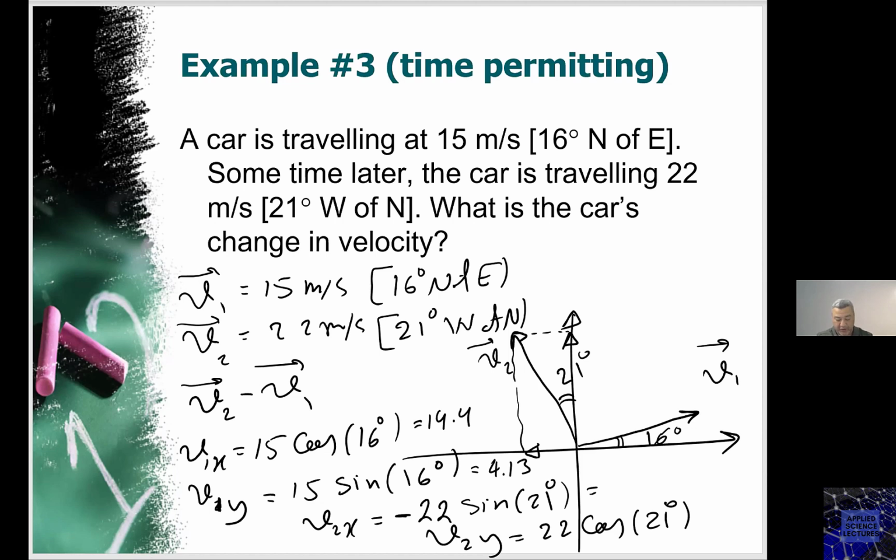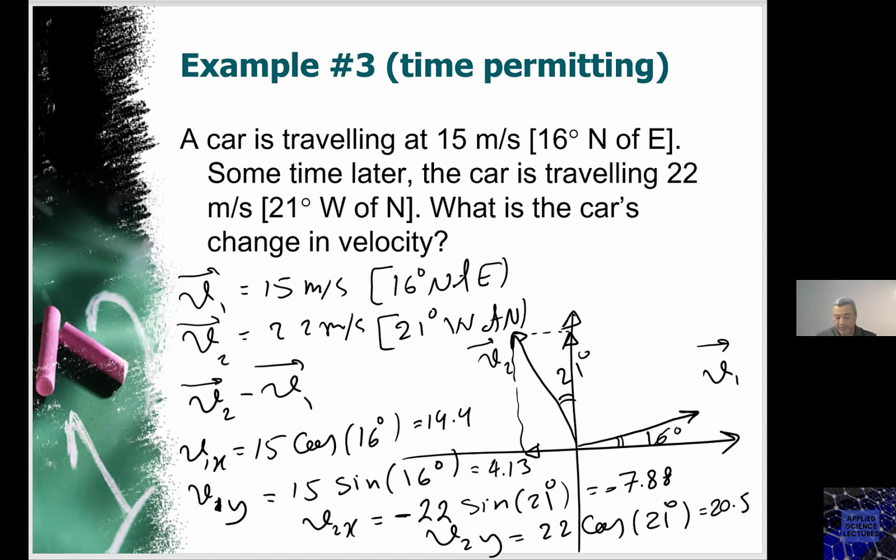What is V2x? Sine 21 times minus 22. Negative 7.88. Thank you. What is V2y? 20.5.